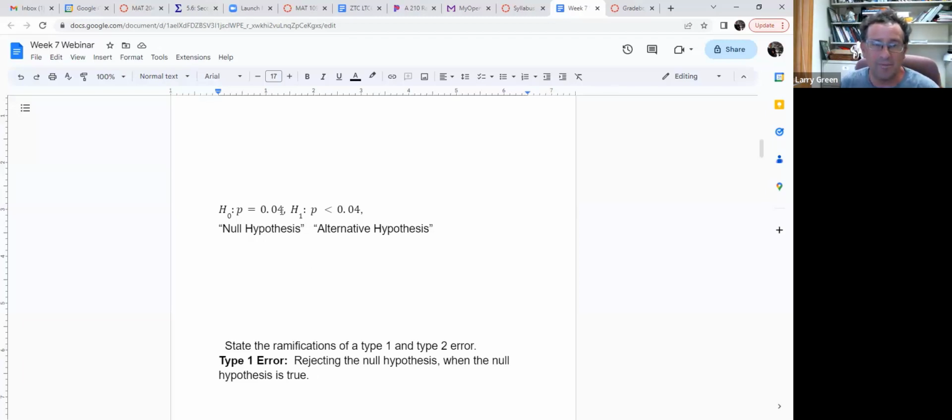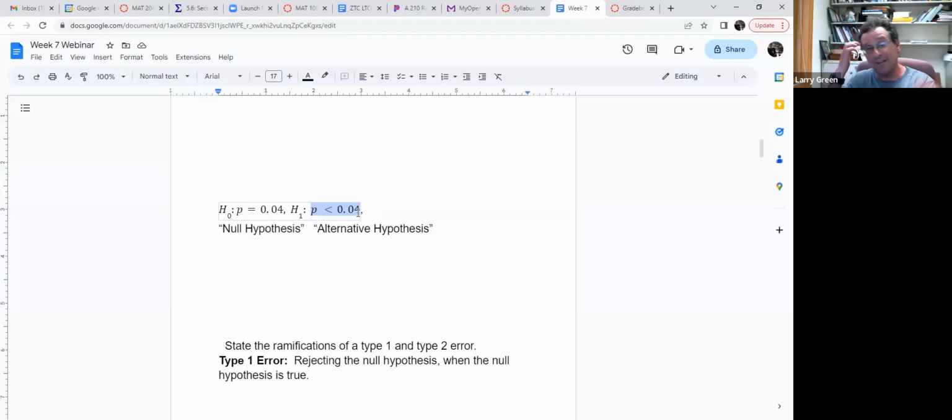You're going to accept that P equals 0.04. You're going to reject the null hypothesis. You're going to reject that P equals 0.04. You're going to say, well, that's not true. P is not 0.04. You're going to accept the alternative hypothesis, which is that P is less than 0.04.